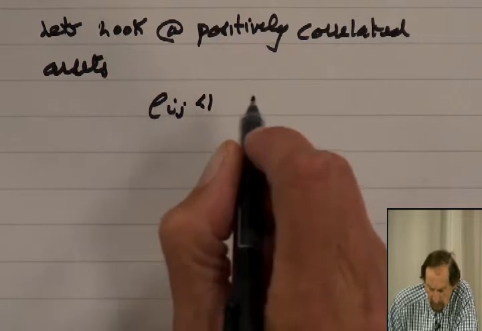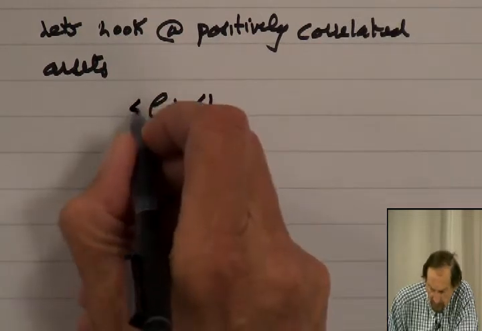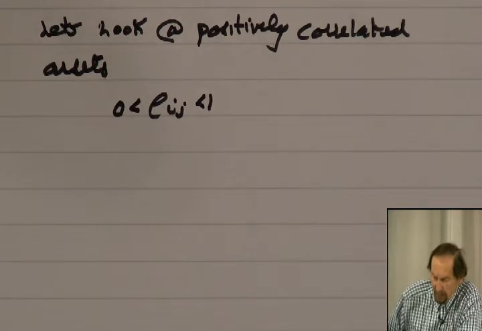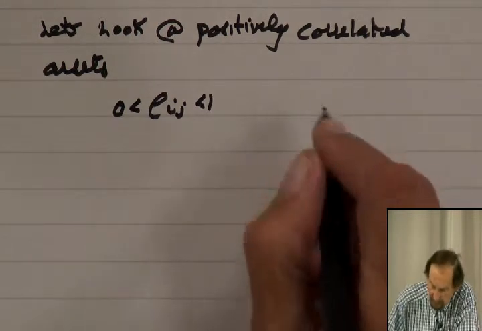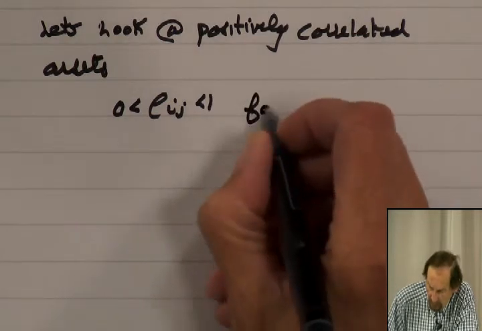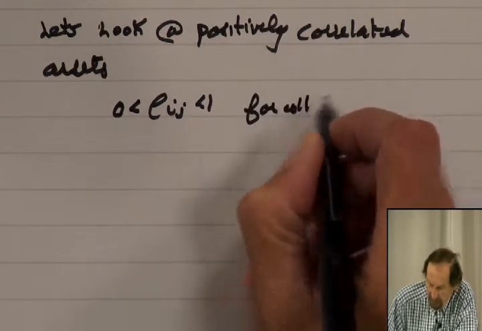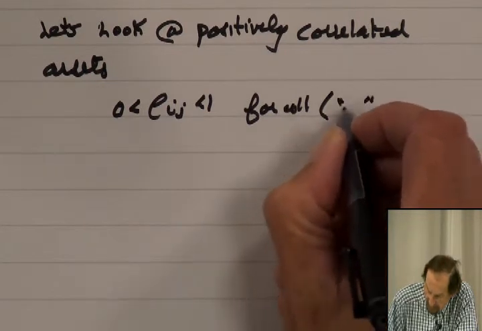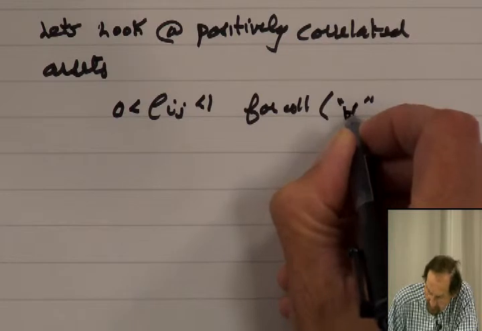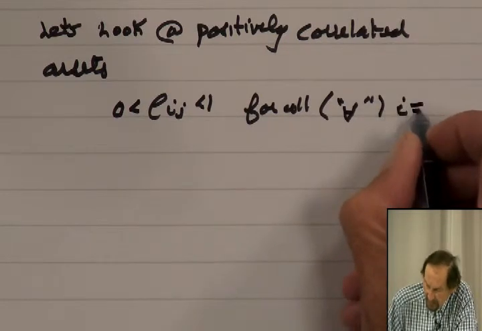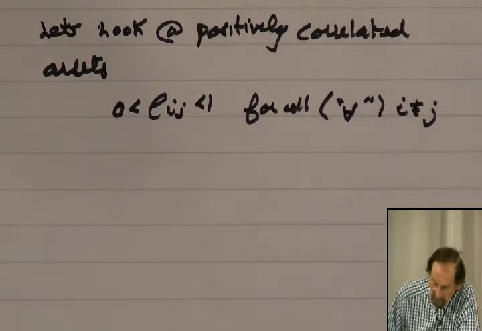We don't want them to be perfectly positively correlated, but we want them to be somewhat positively correlated here. And this is true for all i not equal to j, and sometimes I use the upside down A as mathematical shorthand.